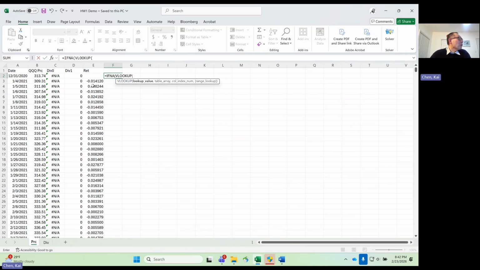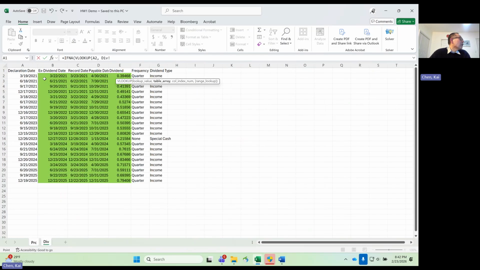In the VLOOKUP function, the lookup value is this one. Then set up the searching range, which is here.